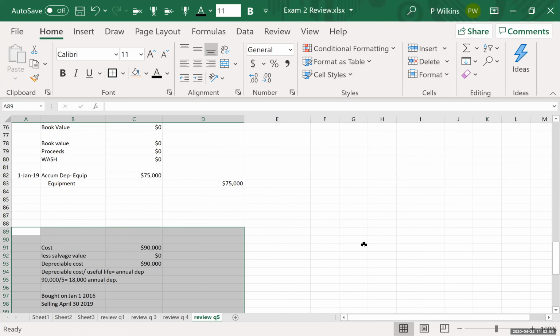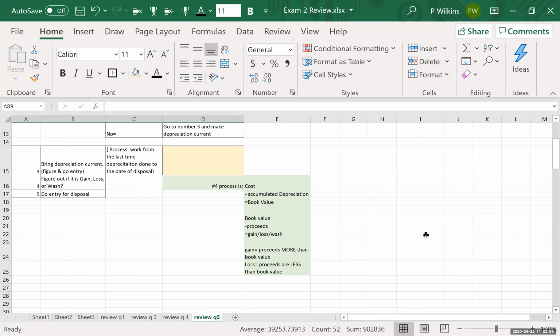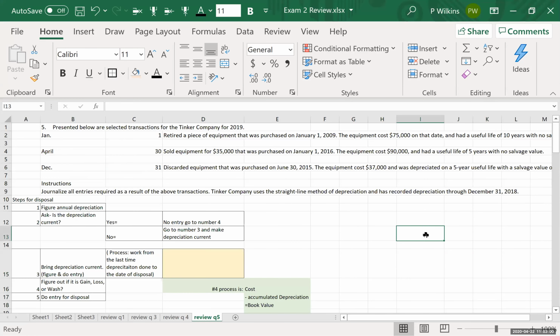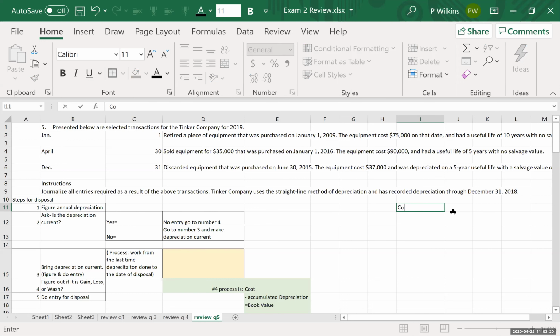And then I'm going to go to the last one on this problem, which is December 31. So it says, discarded equipment that was purchased on June 30th, 2015. The equipment cost $37,000 and was depreciated on a 5-year useful life with a salvage value of $2,000. The first thing we do is we figure the annual depreciation, right? This should be second nature now. So we go from the cost.